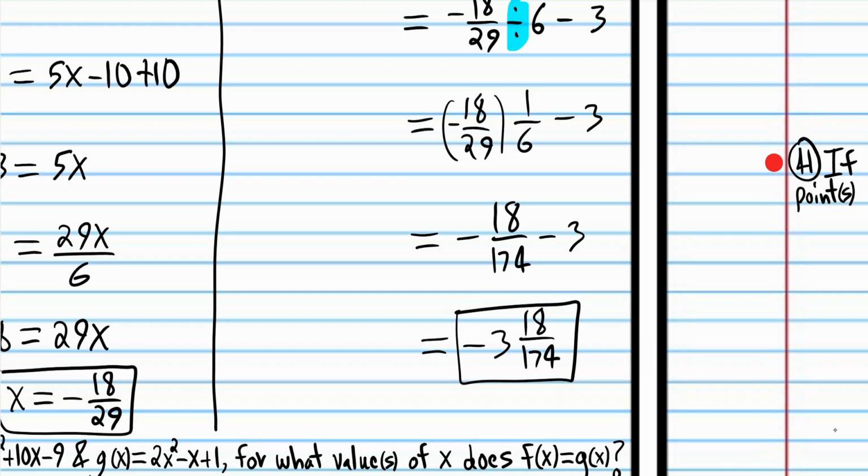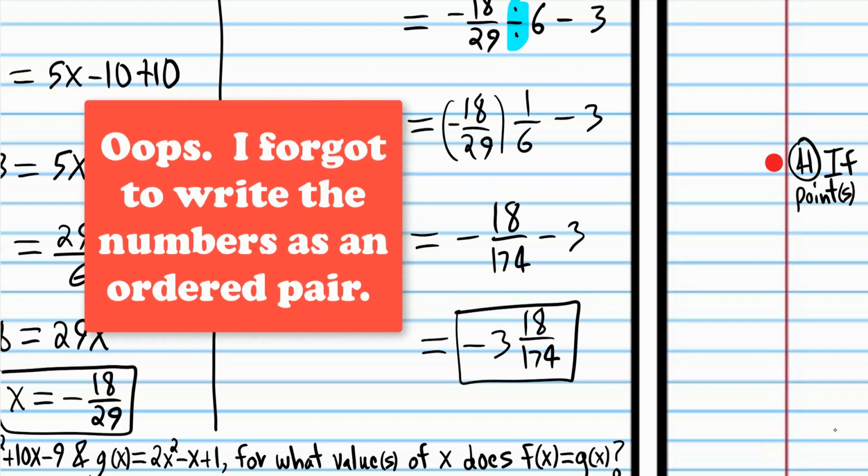Okay, now you may have written this in a different way if you decided to write as an improper fraction. If you wrote it as an improper fraction, you should get negative 540 over 174. So if you got that right, excellent.